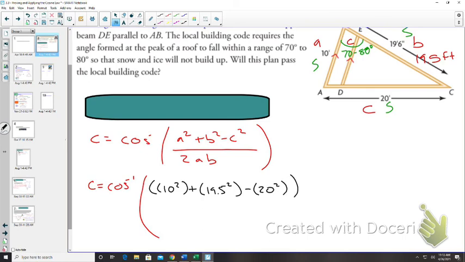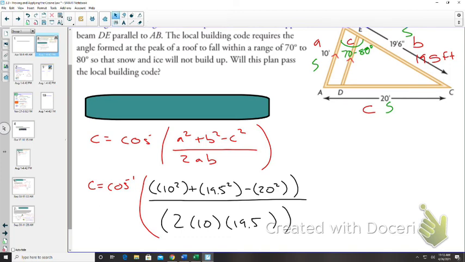Close that numerator bracket, divided by a bracket on the bottom, 2 times A, so 10, times B, 19.5, close bracket for the denominator, and now close bracket for the whole equation. 78.1. So C is equal to 78 degrees.